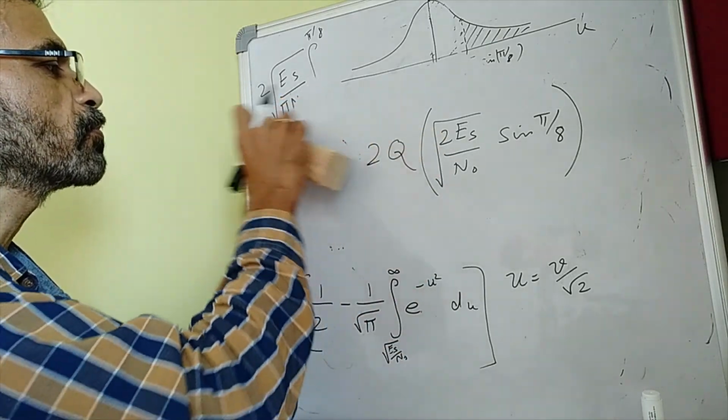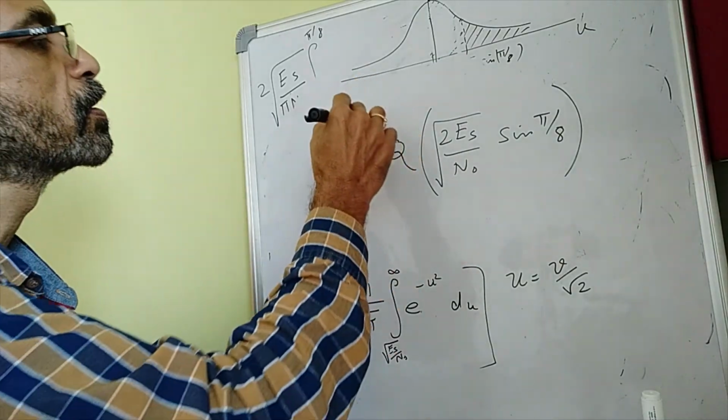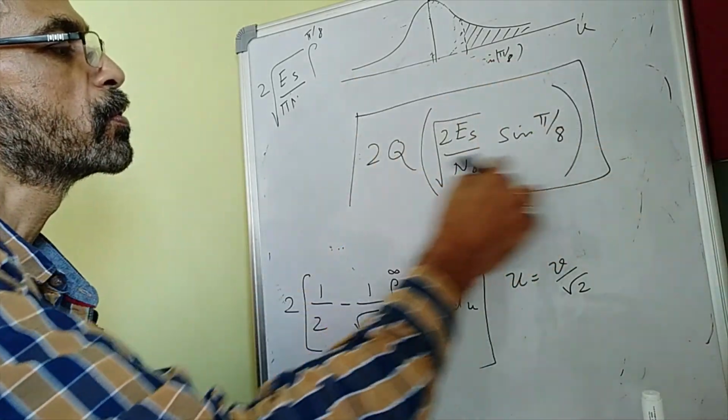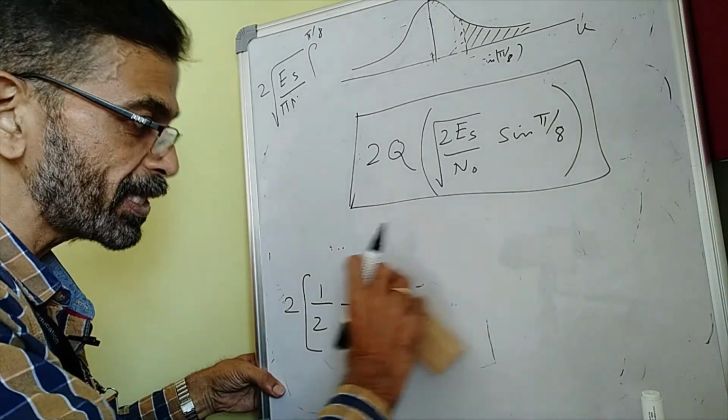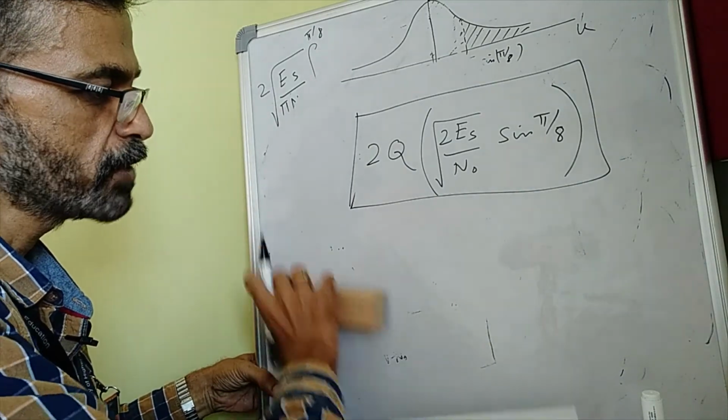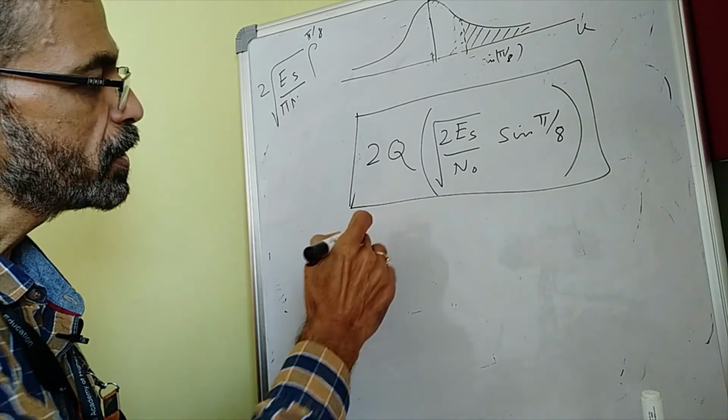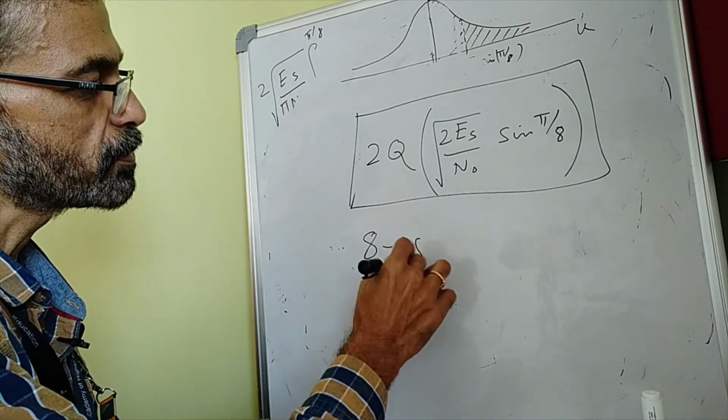So this is the probability of symbol error for octal PSK. Even sometimes it is called 8 PSK.